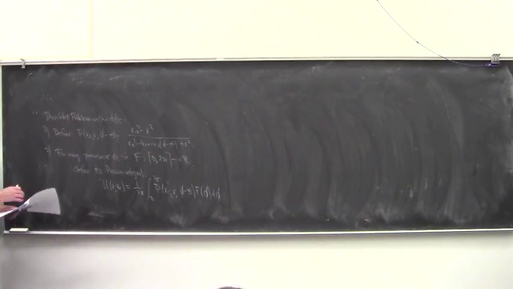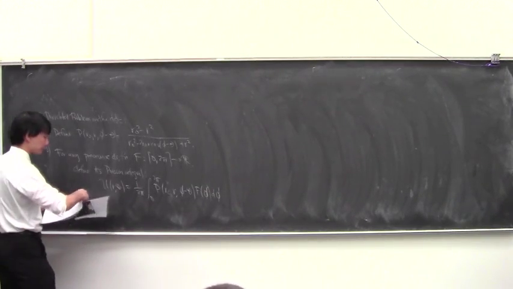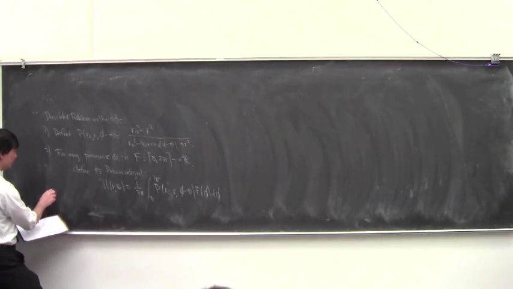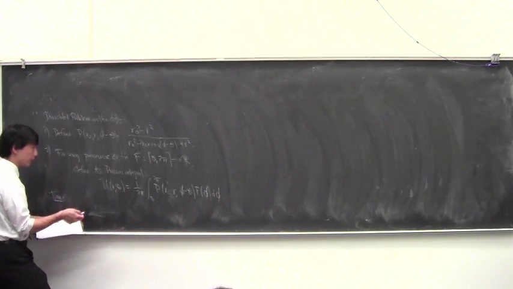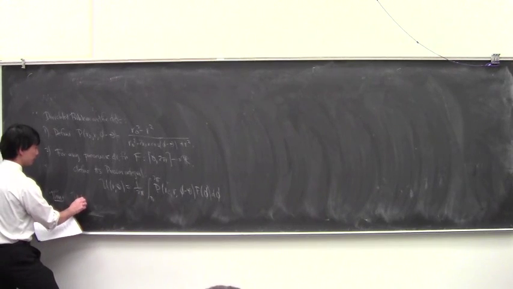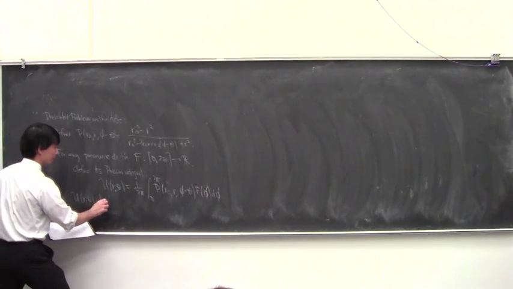You create this thing called the Poisson integral, and then from there, you say that in fact this thing solves the Dirichlet problem.